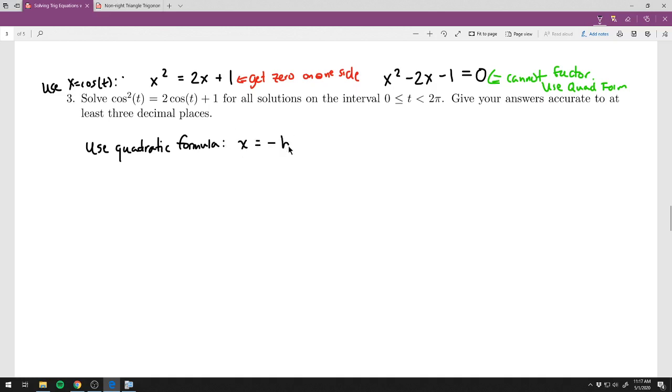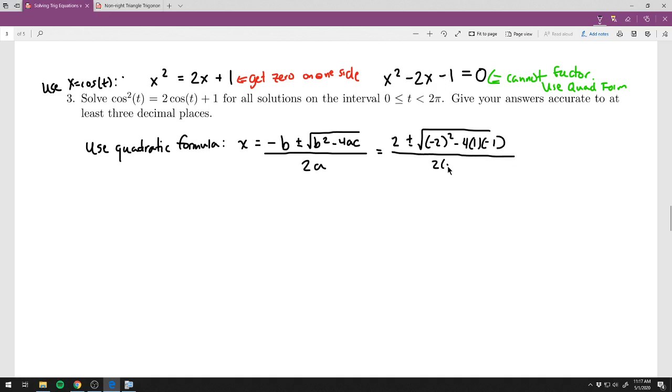So we've got x equals -b plus or minus the square root of b squared minus 4ac all over 2a. b is -2, so we've got 2 plus or minus the square root of -2 squared minus 4 times a, which is 1, times c, which is -1, over 2 times a, which is 1.